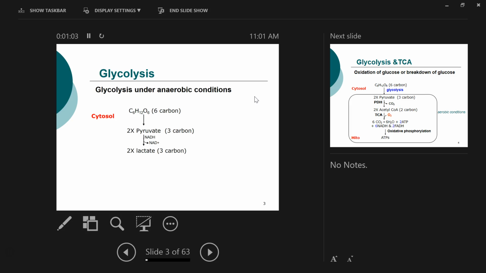If the cell is under anaerobic conditions, pyruvate will be converted to lactate. So lactate is the final product of glycolysis in anaerobic cells.